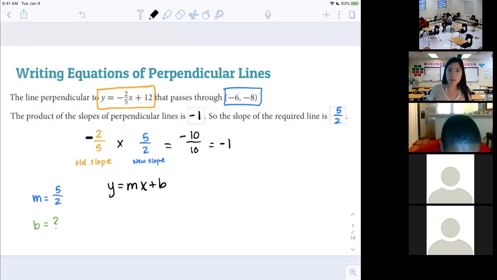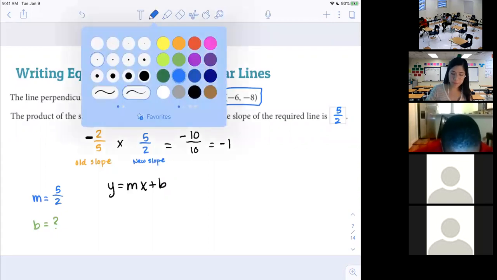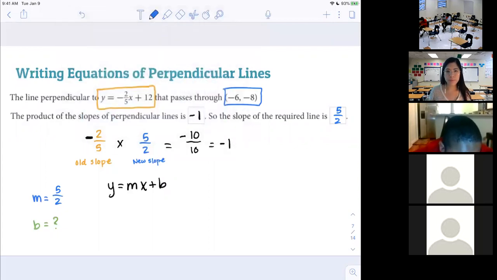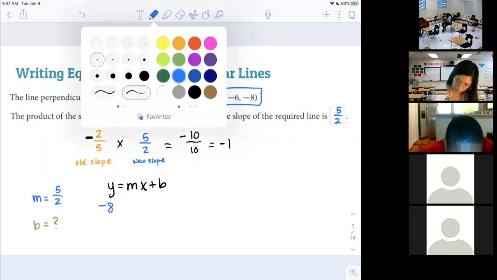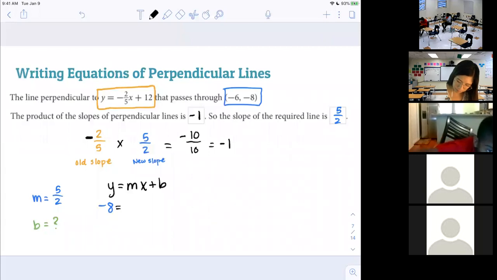All right. So anyone can answer this. What do I plug in for y? -8. Go ahead, -8. What do I plug in for m? 5/2. Perfect, 5/2. And for x? -6.